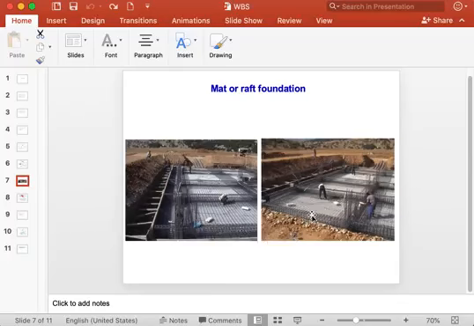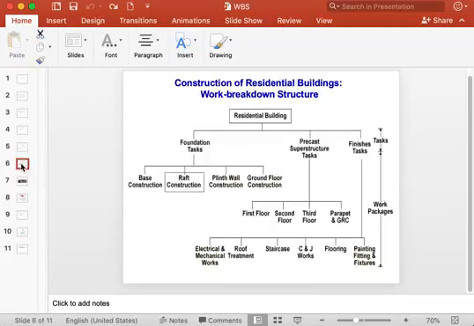This is called raft construction or raft foundation. So the foundation work is broken down into base construction, raft construction, plinth wall construction, ground floor construction.